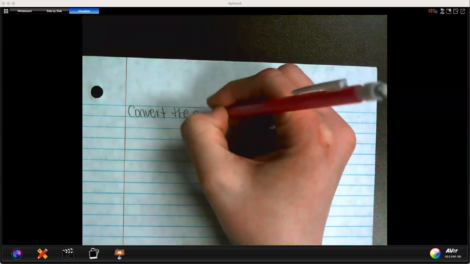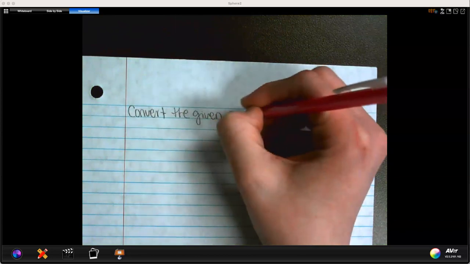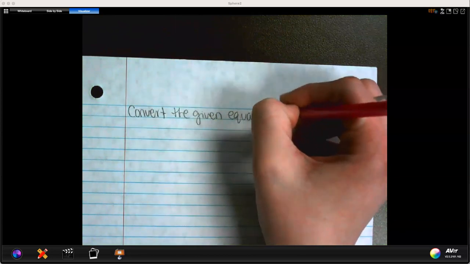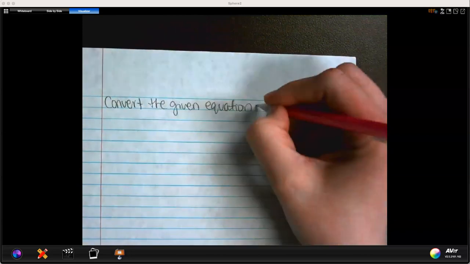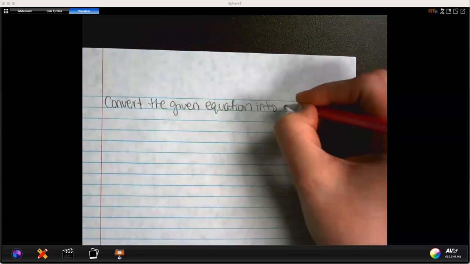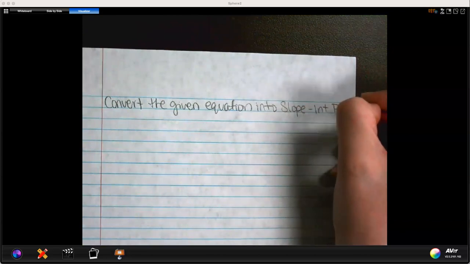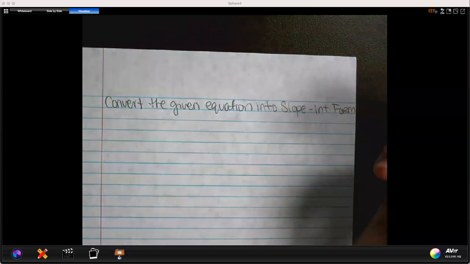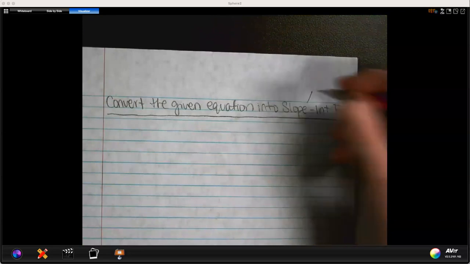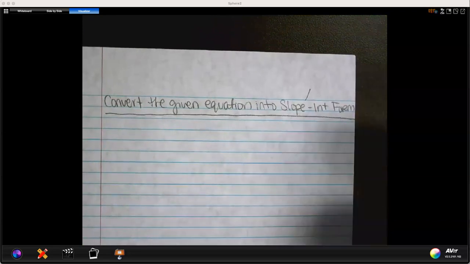So instructions are to convert the given equation into slope-intercept form. Okay. And just a reminder, what is slope-intercept form?